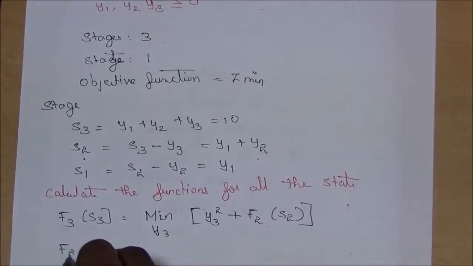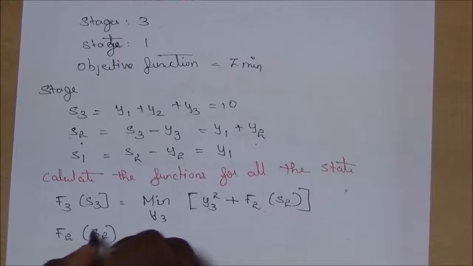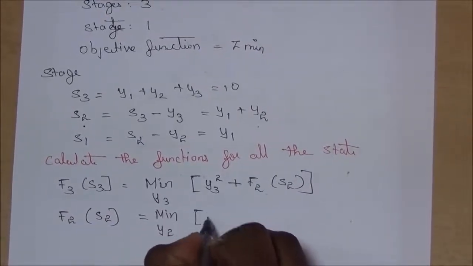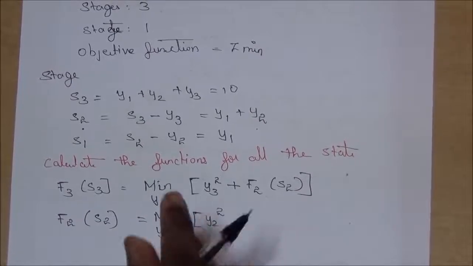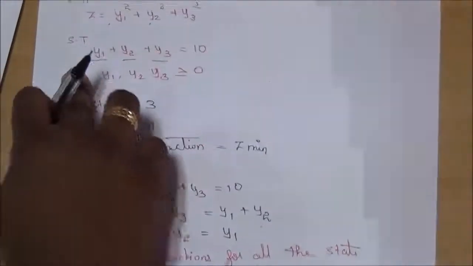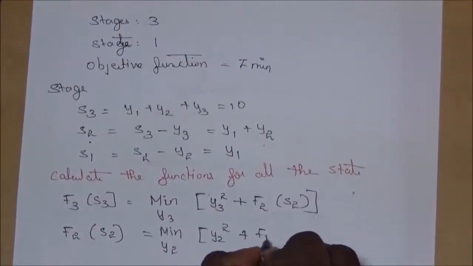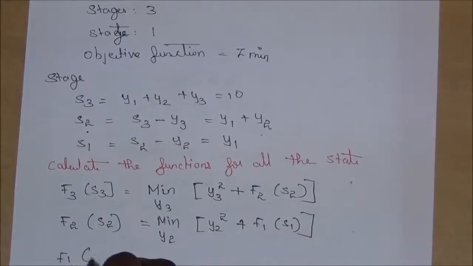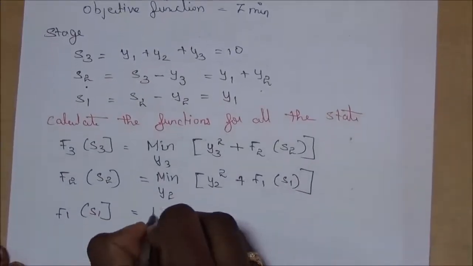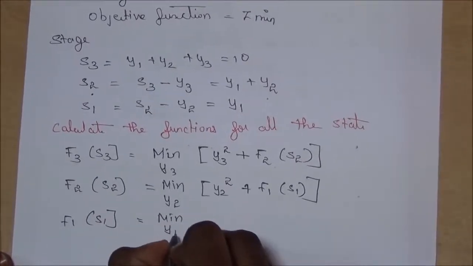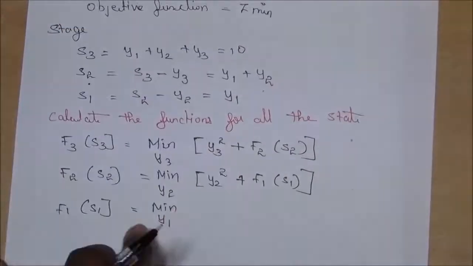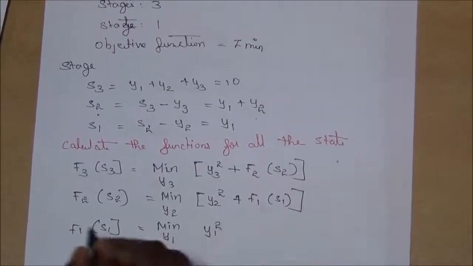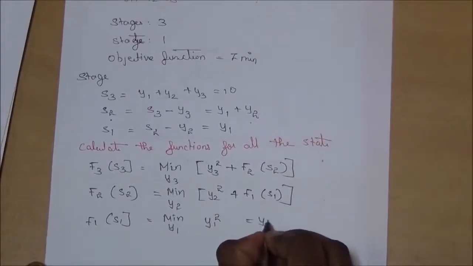Then again for s2, similarly, minimum over y2 of y2 square, and here we need y1, so similarly f1 of s1. Similarly for s1, the minimum over y1 is y1 square.